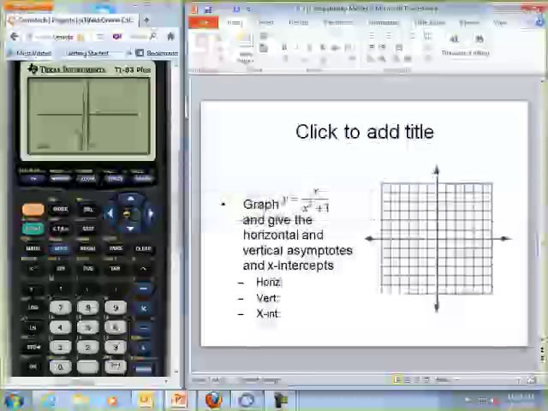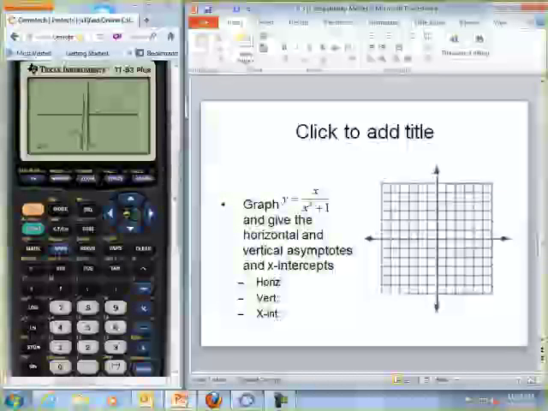So first thing to consider, horizontal. Who wins in this one? The bottom, which means what? Y equals 0. If the power in the bottom is bigger, then we have an asymptote at y equals 0. Vertical, we find by setting the bottom equal to 0.